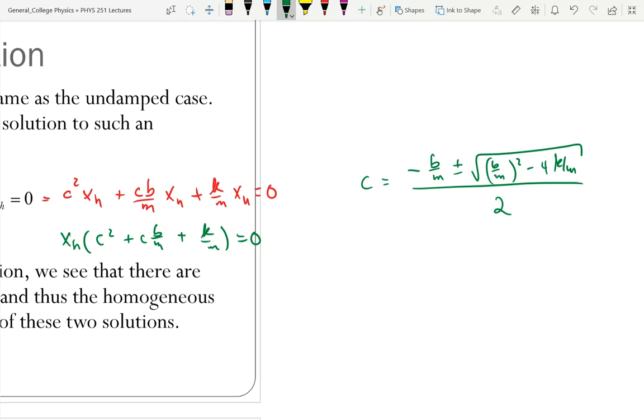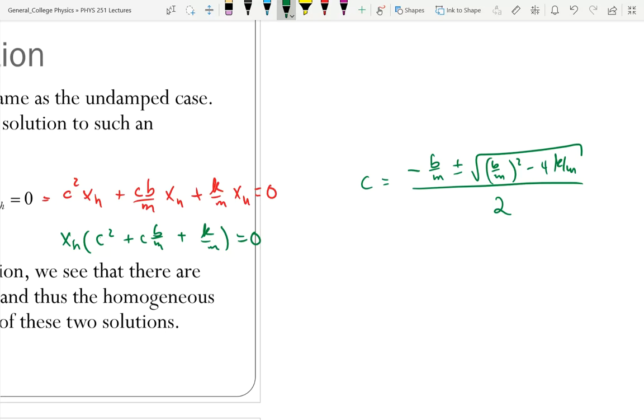How many solutions do I have? I have 2 unless b over m squared minus 4k over m equals 0. That's a special case. So we have 3 regimes for this solution.